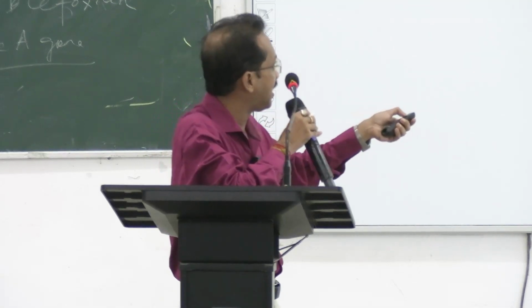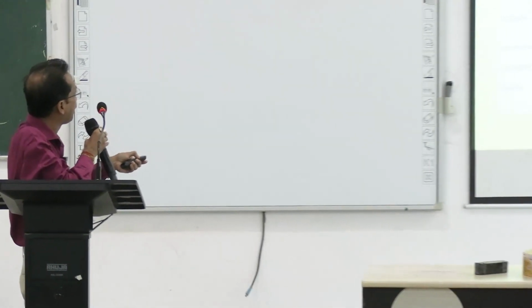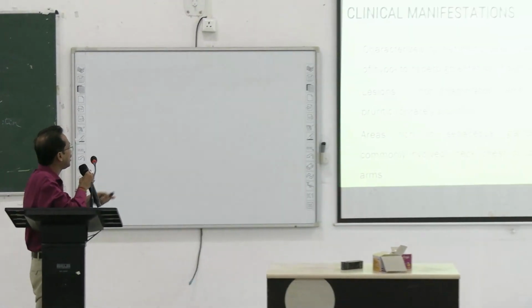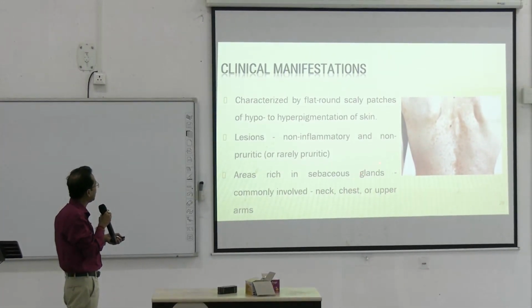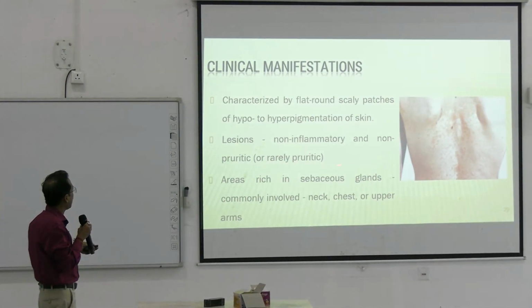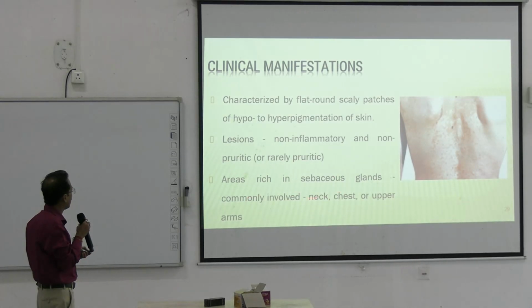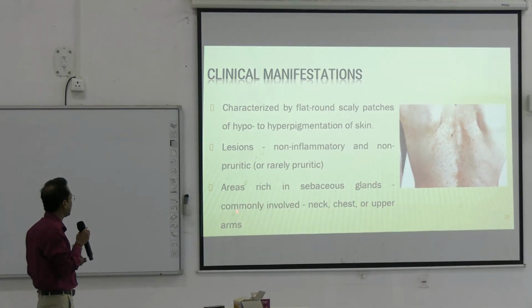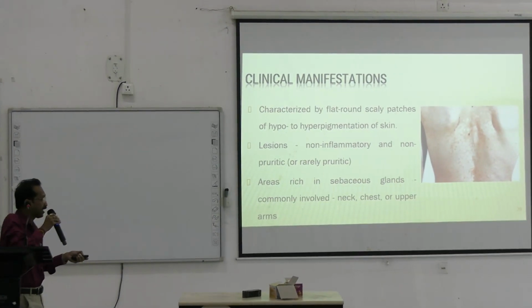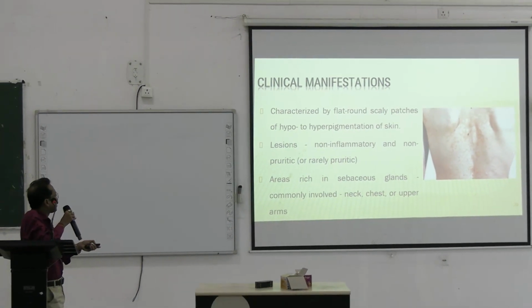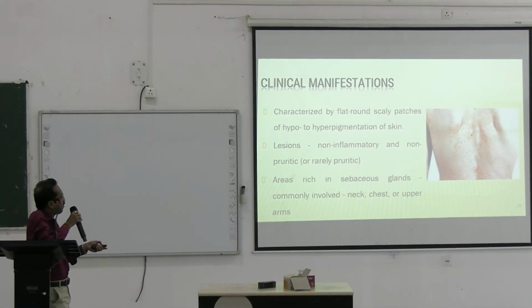Now there are some fungal infections, ringworm. Can anybody tell what this infection is? Hypopigmented patch, itchy and pruritic, maybe non-pruritic. Rich in sebaceous glands: neck, chest, upper arm. Yes, it is a case of pityriasis versicolor.